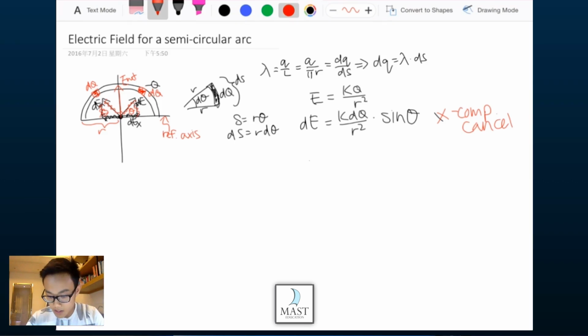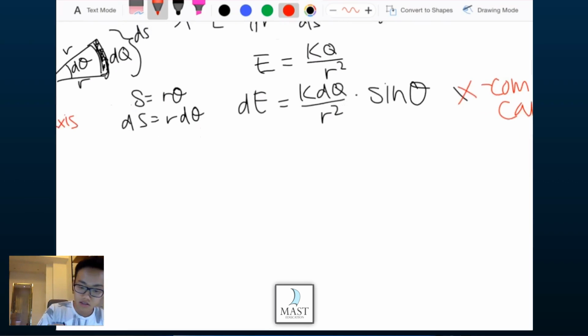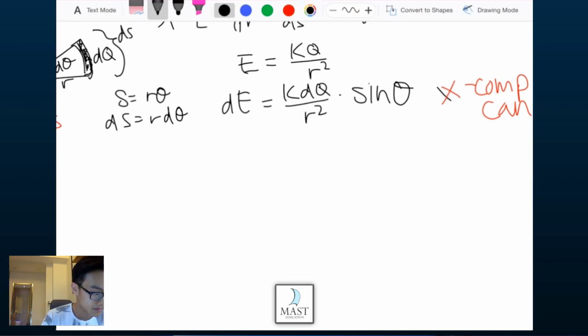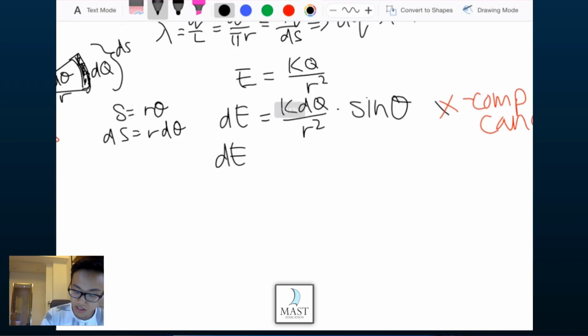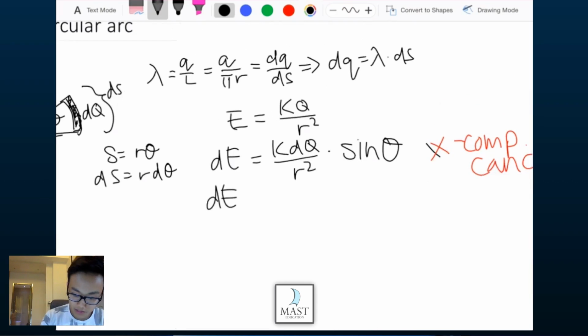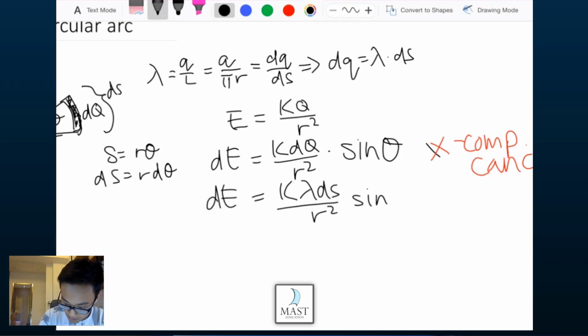All right, now let's zoom back in here. So to continue our derivation, we can substitute what we found before into what we have now. So we'll see from the stuff at the top, we can substitute in and find that dE equals k lambda ds over r squared times sine theta.